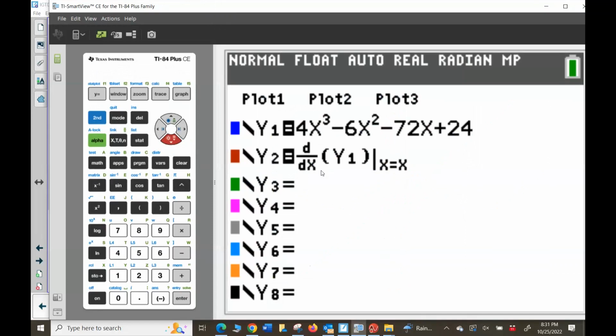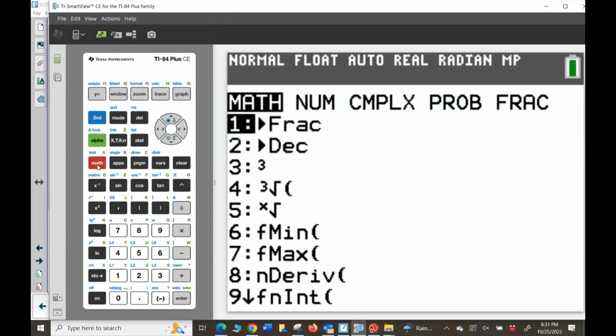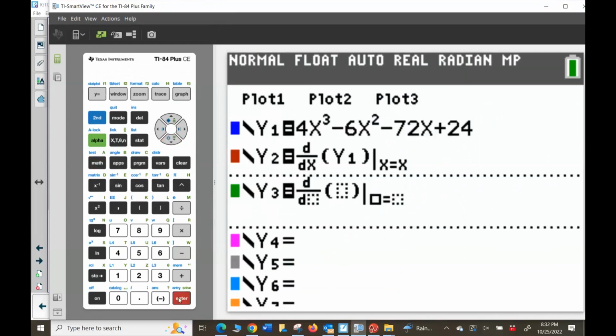If you want to take the derivative, you can take a derivative at a point, but I want to take the derivative of the whole function. So I'll go to math, and number 8 is nDeriv. It comes up with the derivative template.